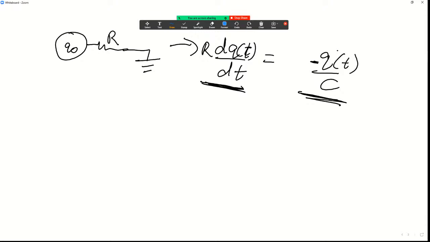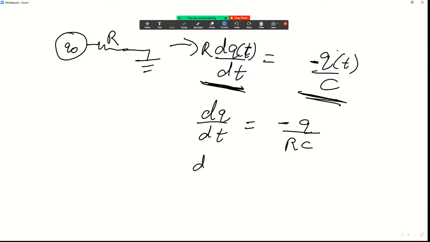So let me write it all. That would be dq by dt equals minus q by RC.